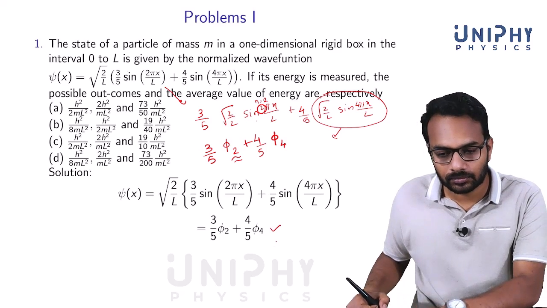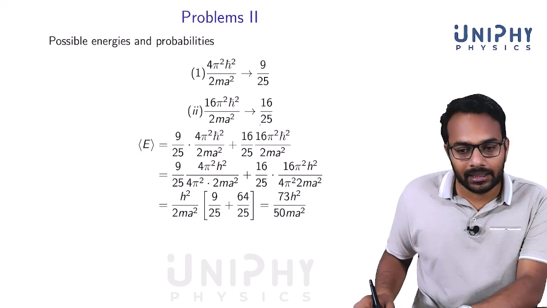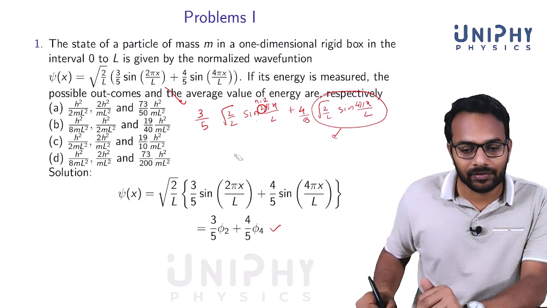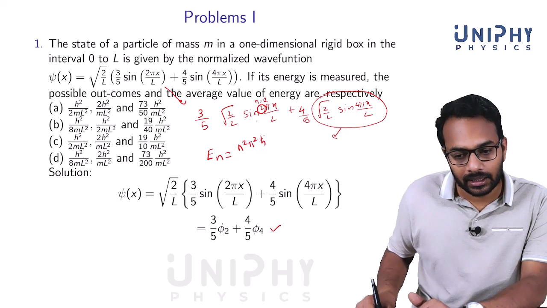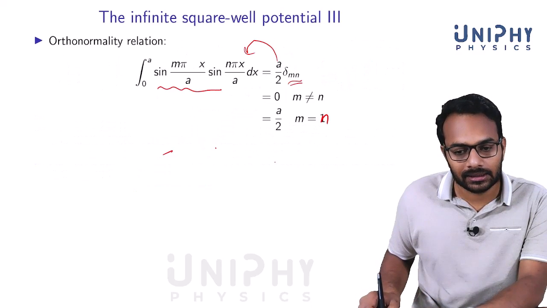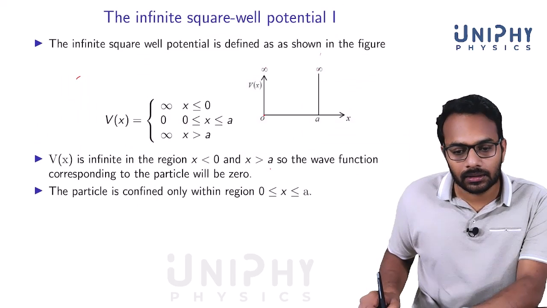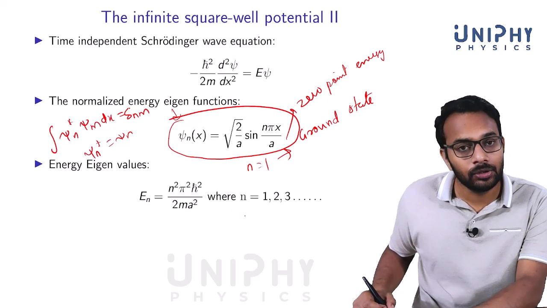Okay, all right. Now let's look at the possible energies and their probabilities. Okay, so we know that the energy eigenvalues are given by En is equal to n square pi square h cross square divided by 2ma square. Am I right? We can just check. Yes, it's n square pi square h cross square divided by 2ma square.